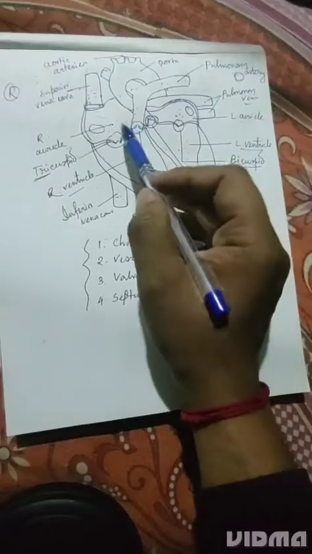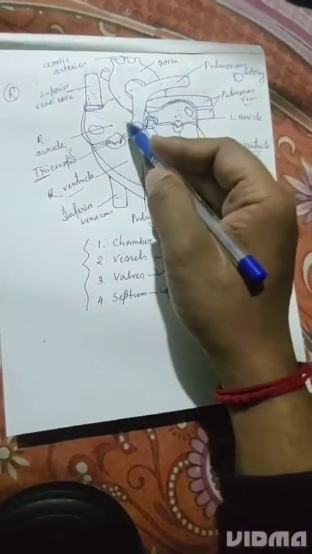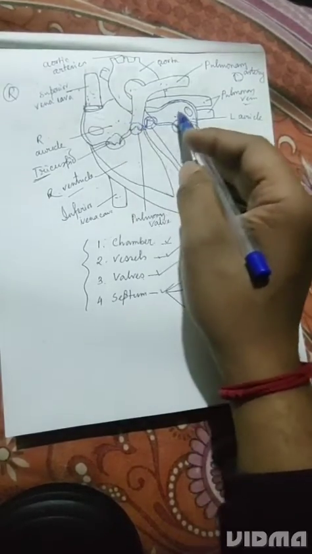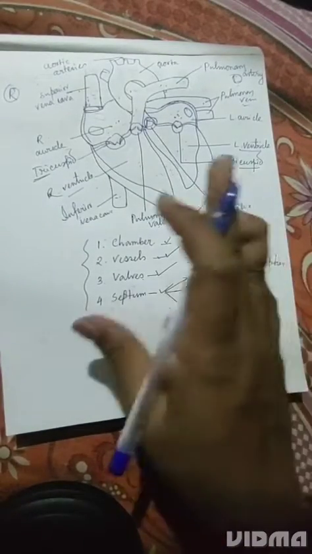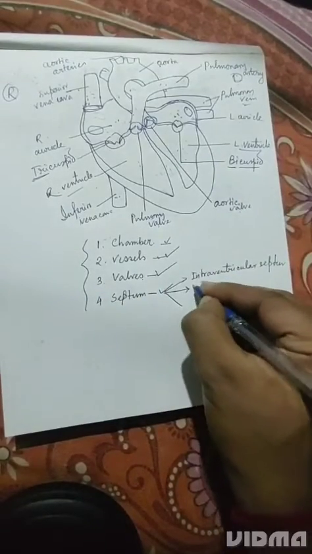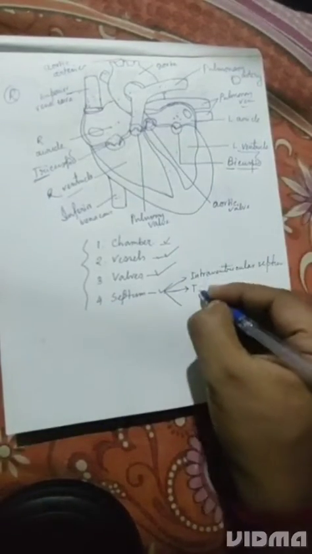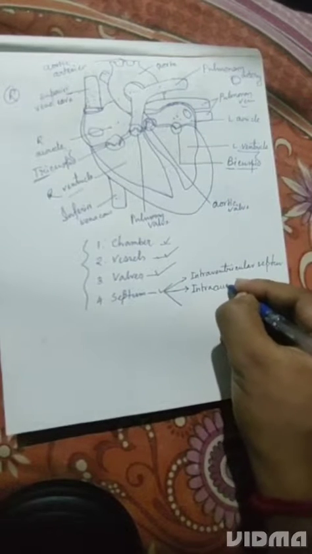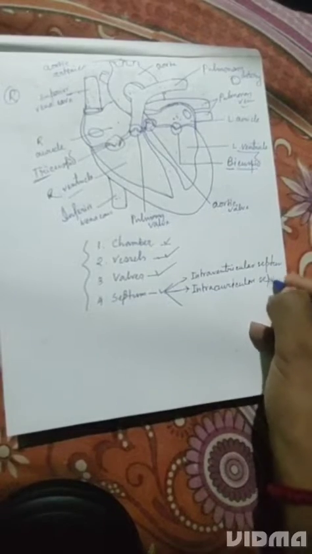Number two, on the opposite side, you cannot see it prominently on this side, but the right auricle and left auricle are divided into two separate compartments by a septum. So this is dividing two auricles or two atriums. This is also called the interauricular septum.